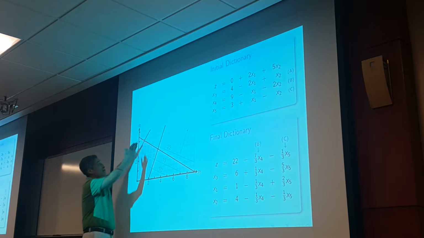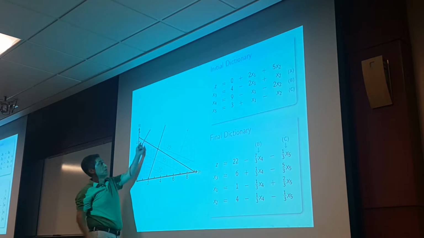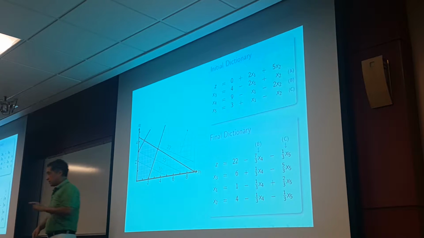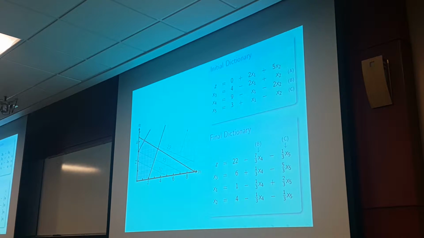Once you get here and try to go this way, you're not going to be able to, because this is an extreme point. So there's some geometry here, some deeper linear algebra happening. Part of what we're going to do on Monday is try to address that. All right, so that was my review.